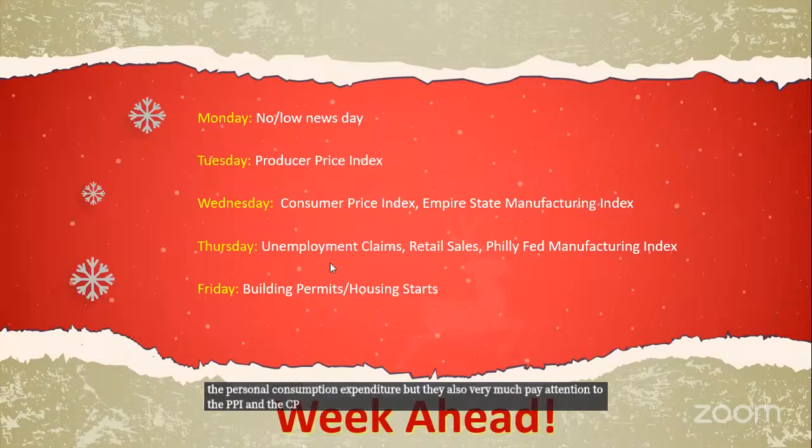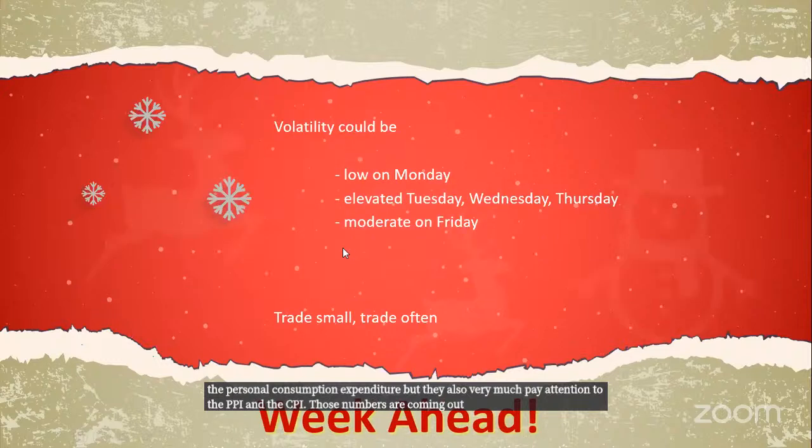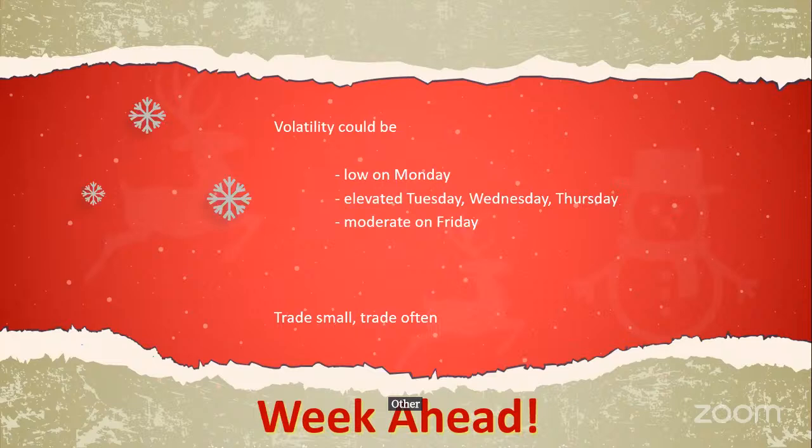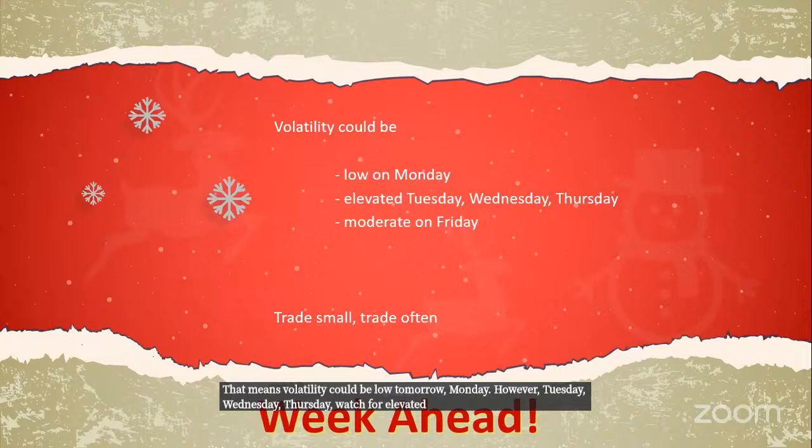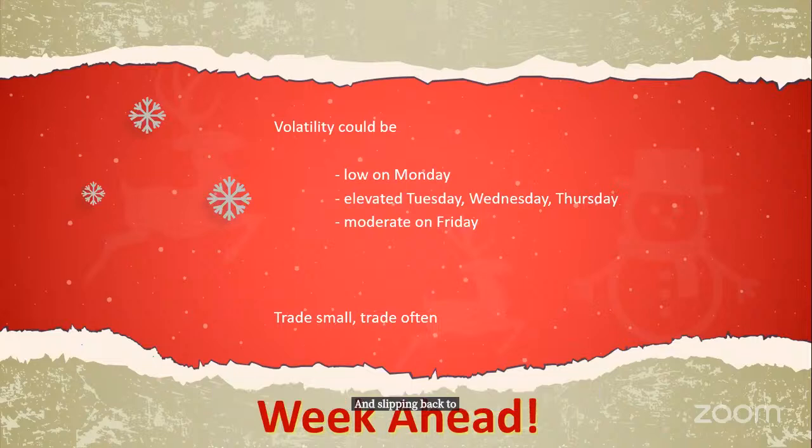Those numbers are coming out both Wednesday and Thursday, and of course other indicators on Thursday as well that need to be considered. That means volatility could be low tomorrow, Monday. However, Tuesday, Wednesday, Thursday, watch for elevated volatility. Could be quite high, as a matter of fact, and slipping back to moderate on Friday.